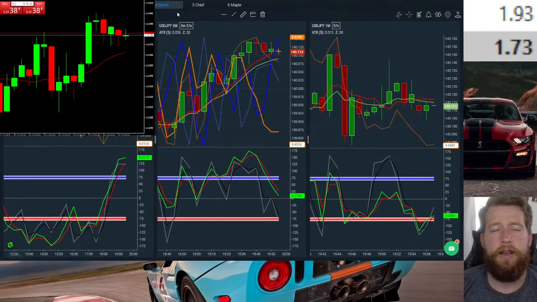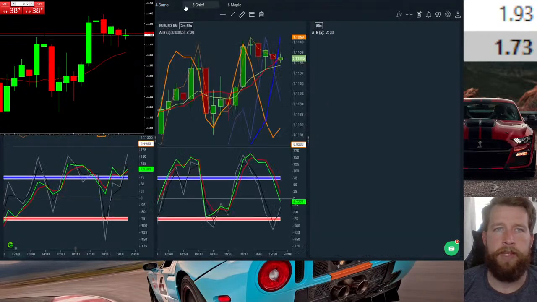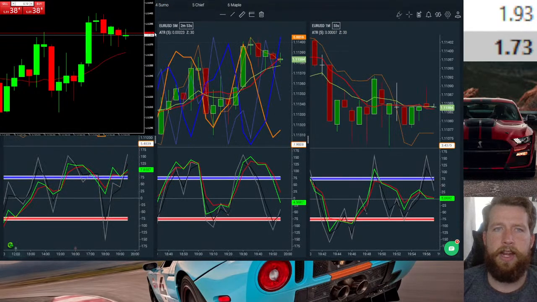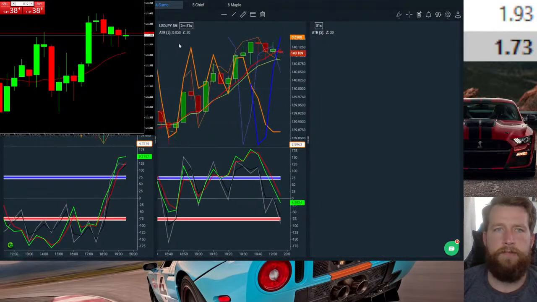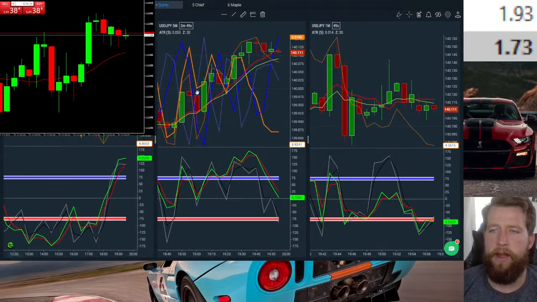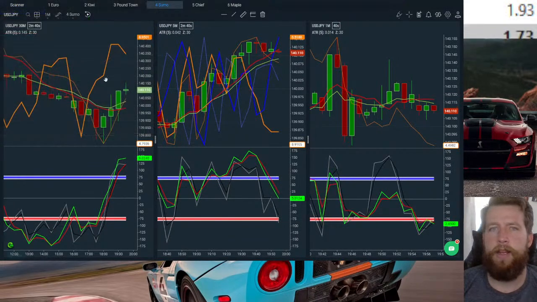I don't know. Maybe we could look at some other pairs at the same time. I just like the extra movement that the yen has, US dollar yen. Yeah.